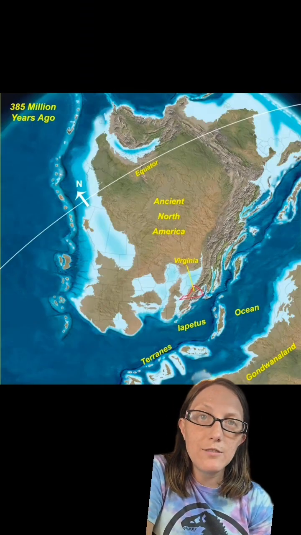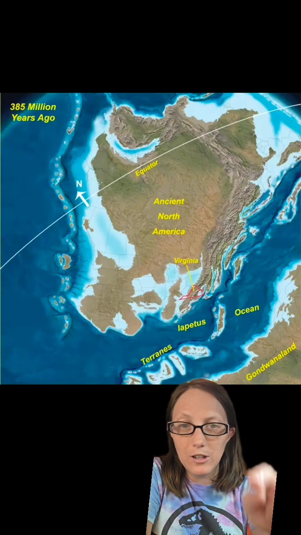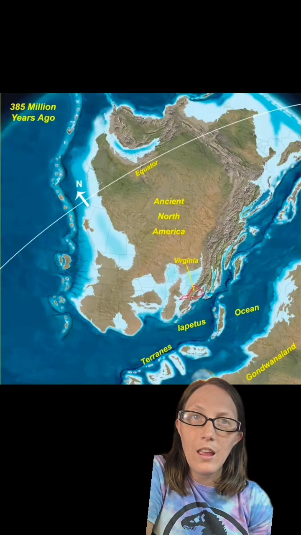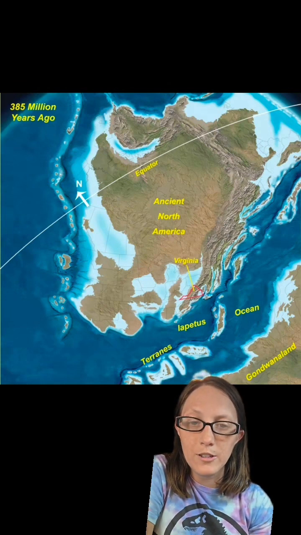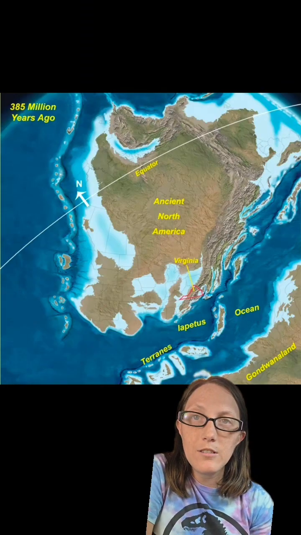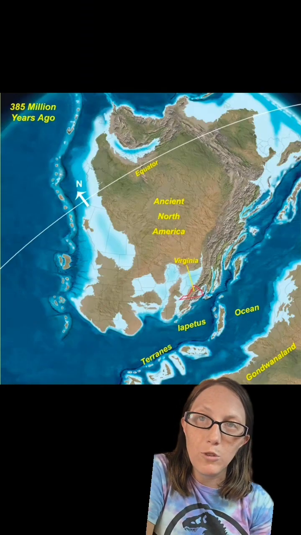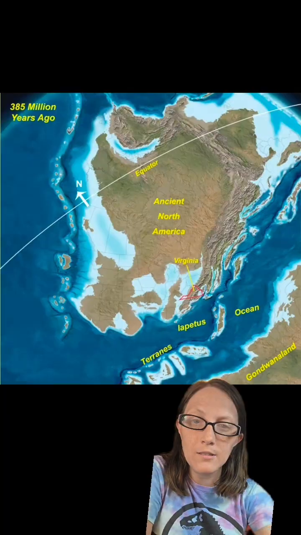So these are blocks of continental crust that rifted off of Gondwana, right here, and migrated towards Laurentia.